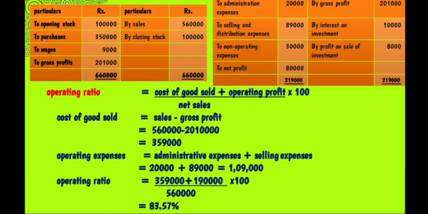Operating expenses we already know: administrative expenses plus selling expenses, which gives 1,09,000. Both are given in the question itself. Then we substitute the amounts in the formula: 3,60,000 plus 1,09,000 divided by 5,60,000 into 100. We get 83.57 percent.